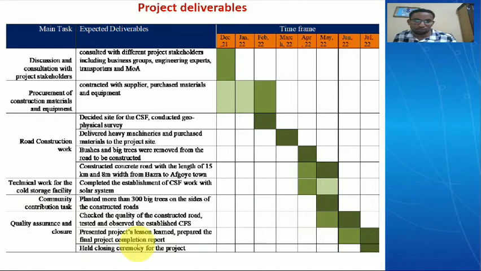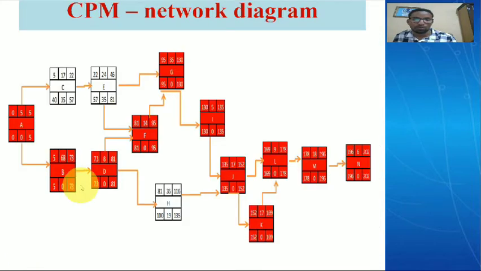So here is the CPM network diagram. Activity C, activity E, and activity H are the only activities that are not on the critical path.